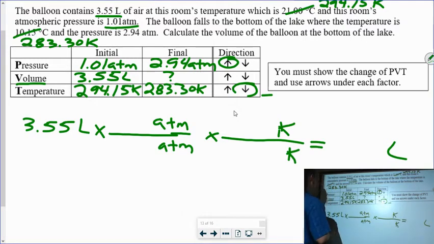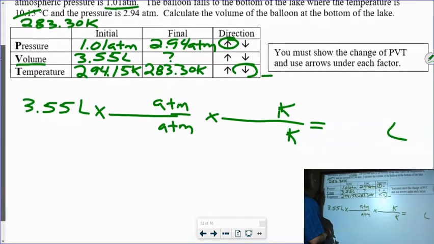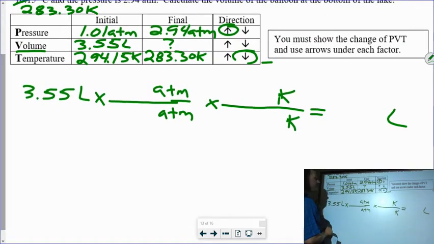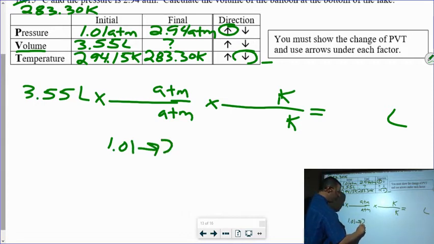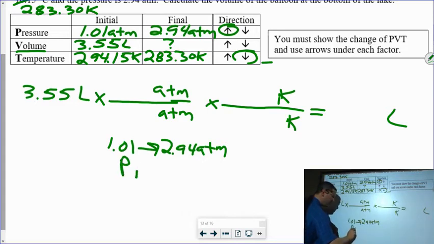So now I got to put in some information. I'm going to raise this up just a little bit more. I'm going to use just my data table. So in atmospheres, we're going from 1.01 atmospheres all the way up to 2.94 atmospheres. So that's one thing I need to always write. My pressure is going up.